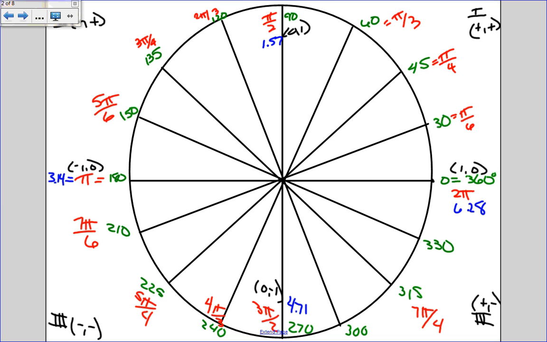Now I need to add another one. 10 pi over 6 reduces down to 5 pi over 3. Add another pi over 6, that gives you 11 pi over 6. Add another and you're back to 12 pi over 6, which is 2 pi.